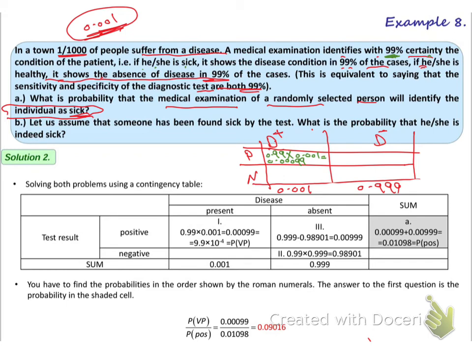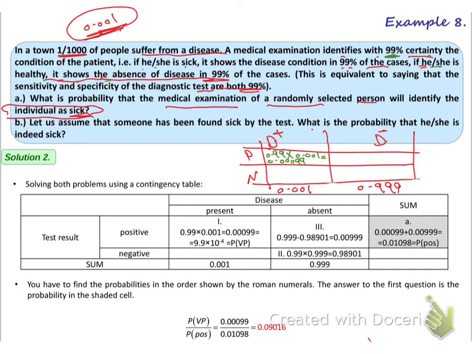So the point after 5 decimals is 1, 2, 3, 4, 5. Here he also says that if she is healthy, meaning that she doesn't have the disease, it shows the absence of disease by 99%.